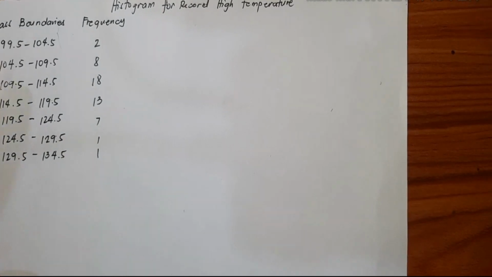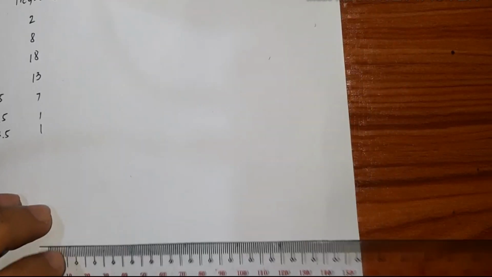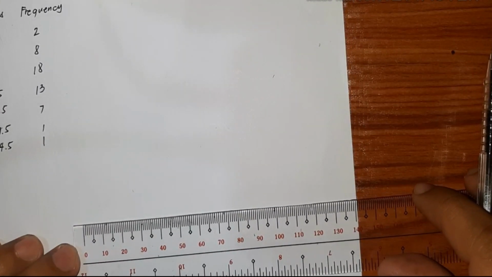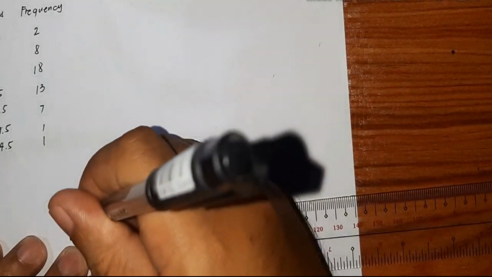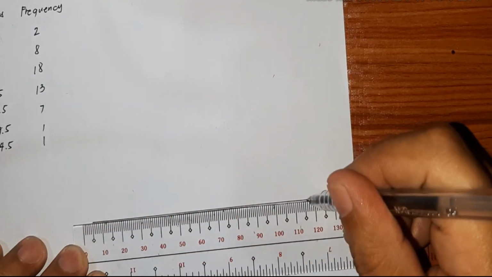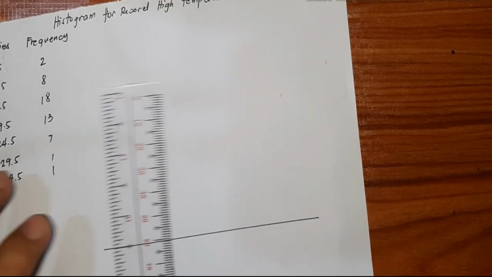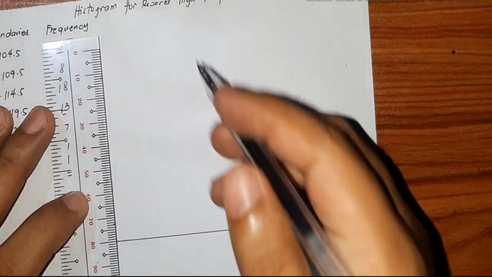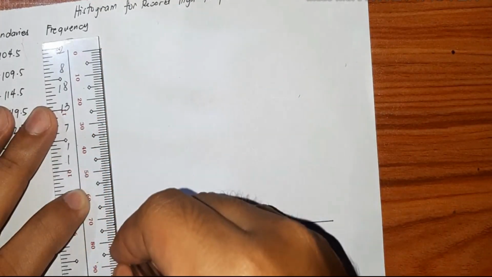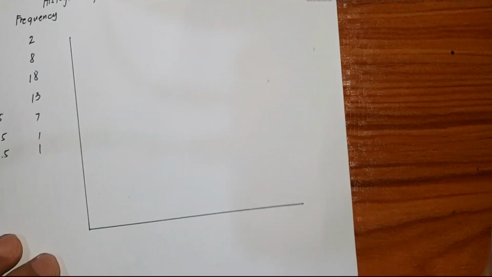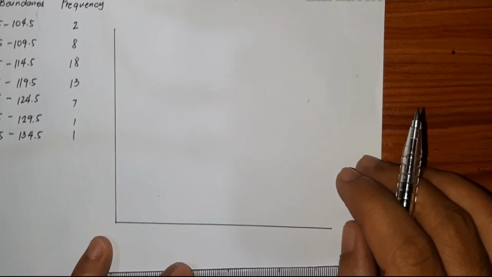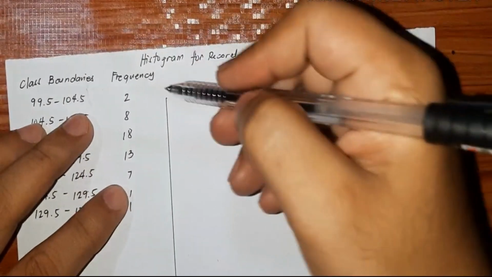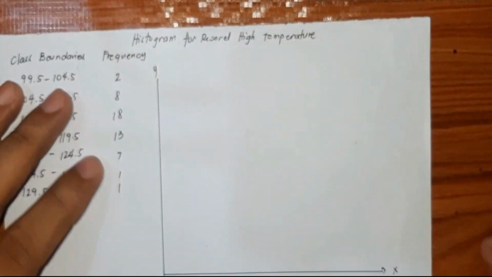First, we need to draw a horizontal line, and then a vertical line. Take note that the horizontal line is our x-axis, and the vertical line is our y-axis.